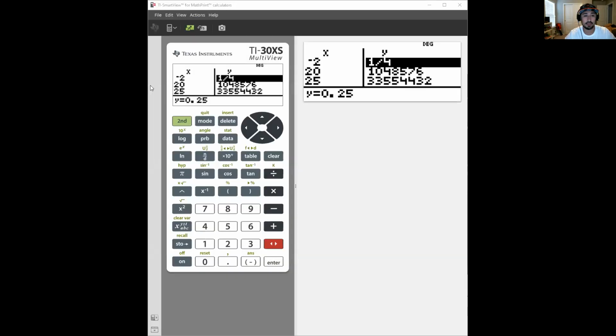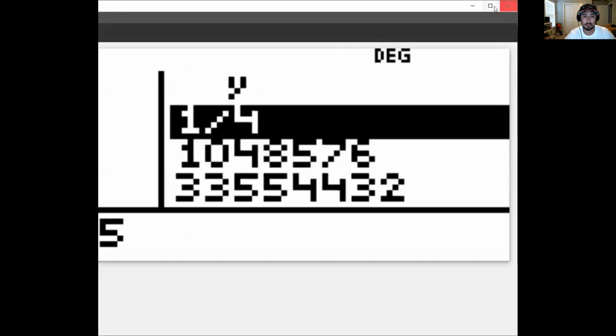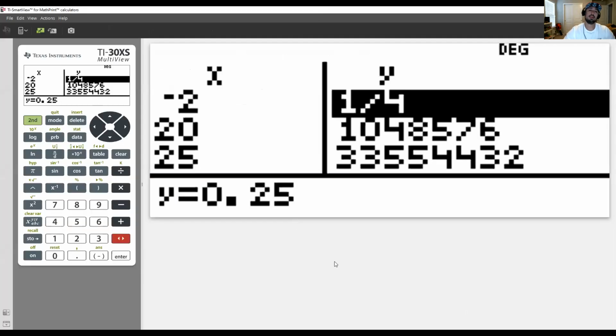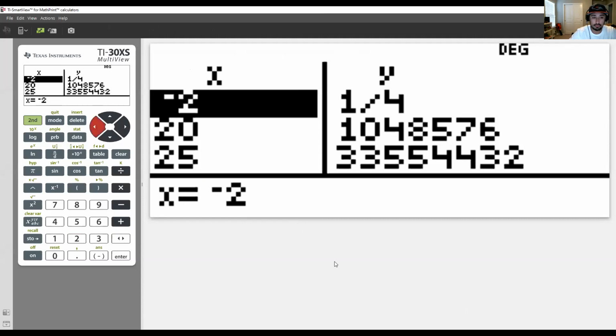Okay, why is that screen so big? That's probably better. Either one. Okay, so we get 0.25 for -3. So 0.25, and then I'll type in -2. Oh, that was -2, oops, -3.